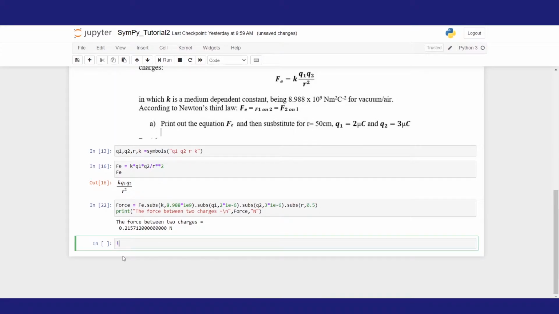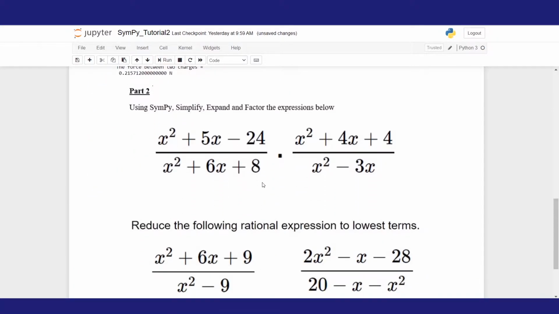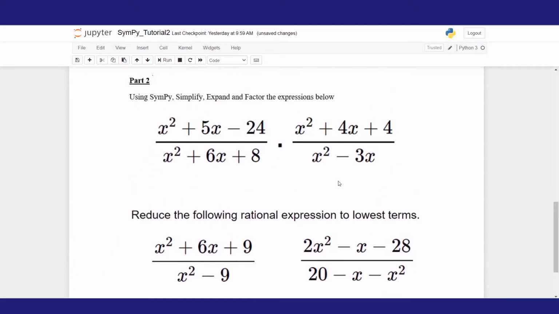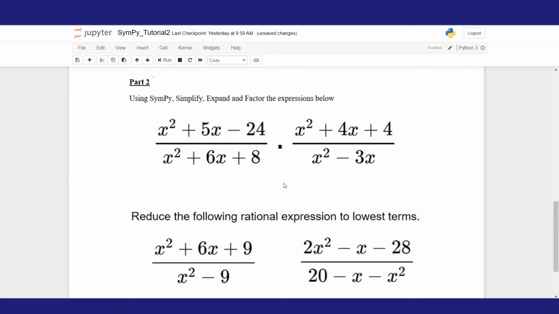So I'm going to upload some expressions here, and this is going to be a JPEG from this image, and that is going to be a markdown. If I run that, in our part 2 we have these expressions, very many of them, so I will not be doing all of them, to simplify them, expand and factor them out.